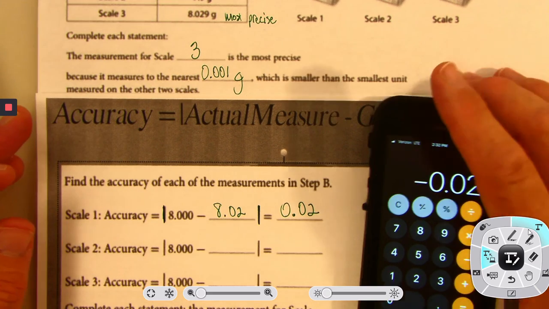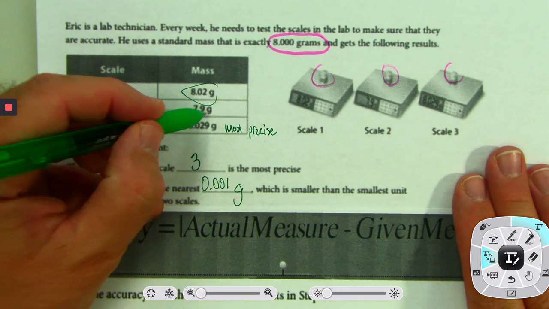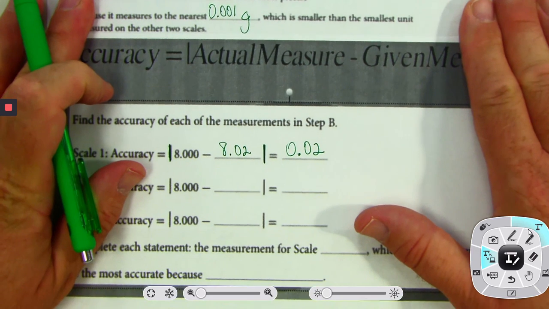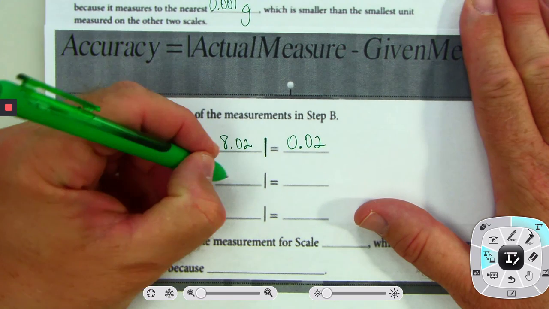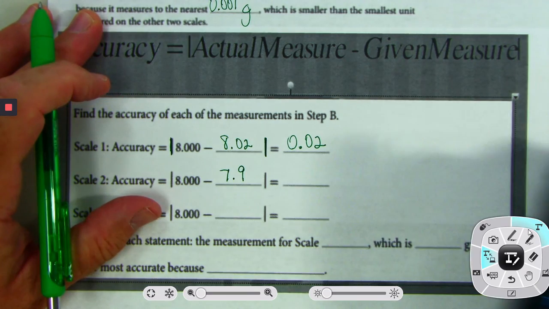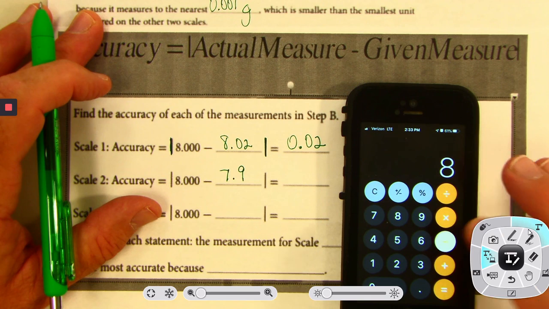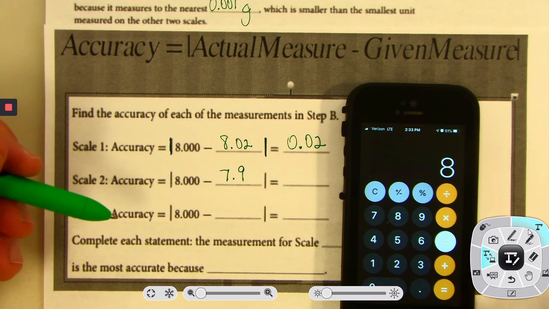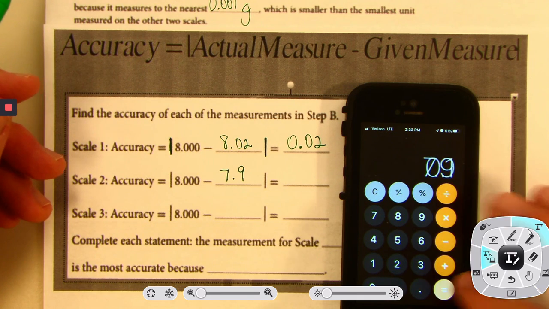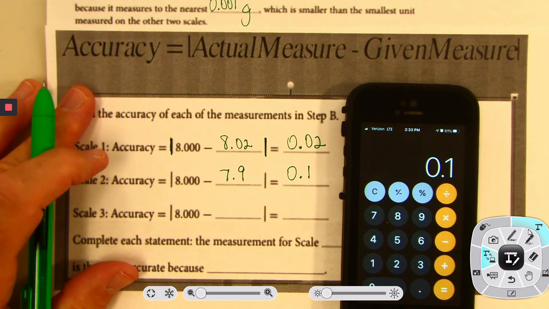The scale number 2, when he weighed it, it gave a measurement of 7.9. So we're going to do the same thing here. We're going to take the 8, subtract from it 7.9. When we do that, now I could put in 8.0000, but I'm just going to put 8. It'll give me the answer I need. I get 0.1.